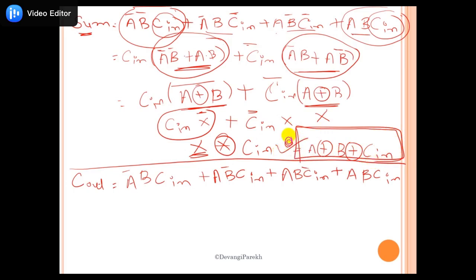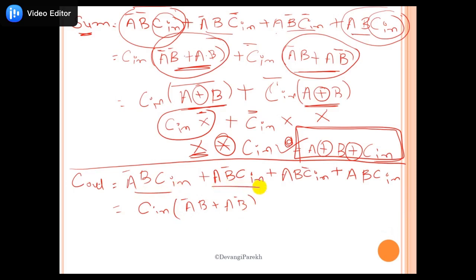Now, likewise, we are going to specify C out. In this, again, we are going to take common from the conditions. Here we have to take C in common and we have to write A bar B plus A B bar.